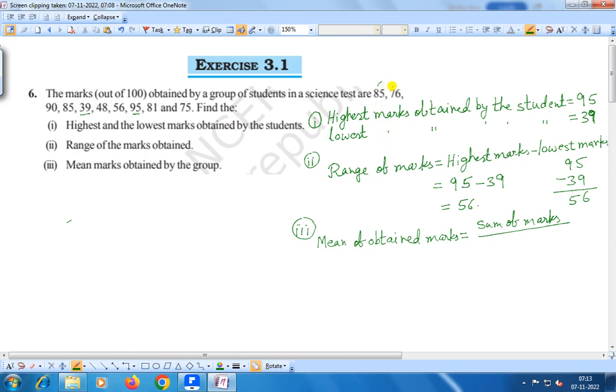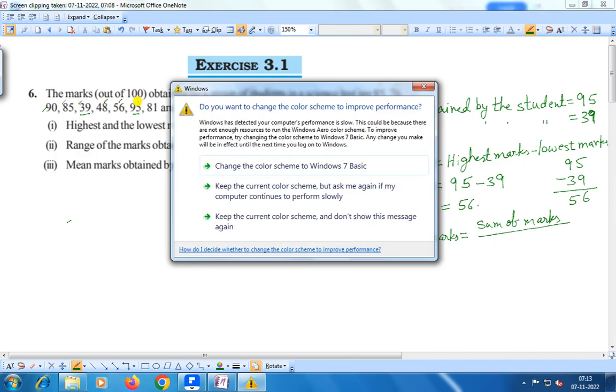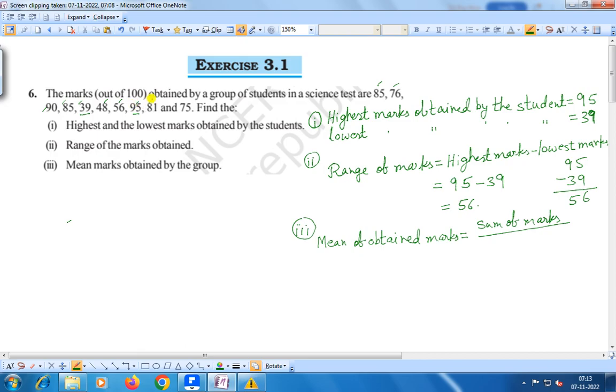That is 1, 2, 3, 4, 5, 6, 7, 8, 9, 10. Right. Sum of the marks divided by total number of observations, that is total number of students. Sum of the marks by number of students.